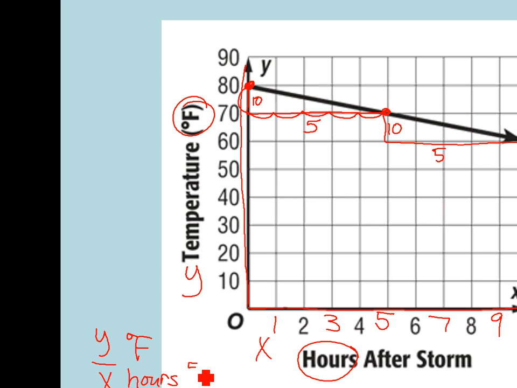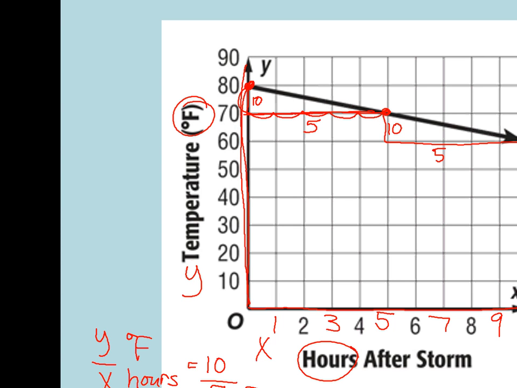Now let's fill in the numbers. The y is going to go this direction, and that number is 10. The x going this direction is 5. If I do that division, I get 10 divided by 5 is 2.